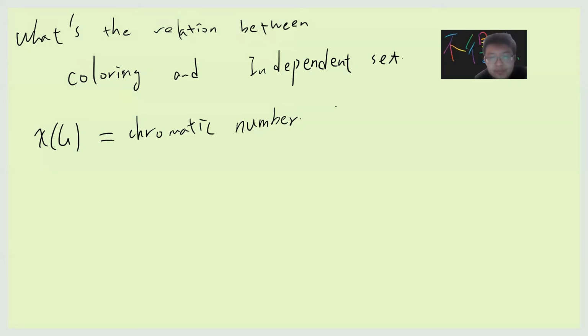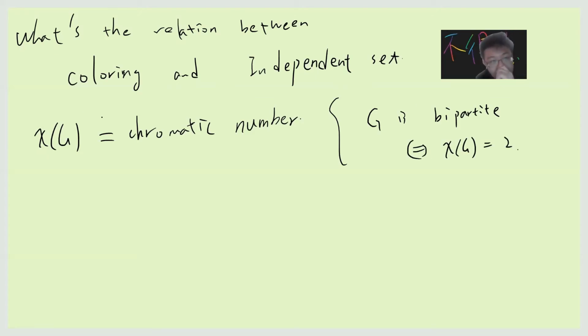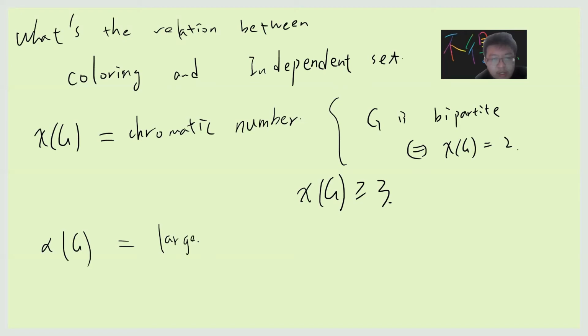A simple example: G is bipartite if and only if chi of G is 2. And the 3 coloring problem asks whether chi of G is greater than or equal to 3. Let me define alpha of G to be the largest independent set, meaning the largest size of an independent set.